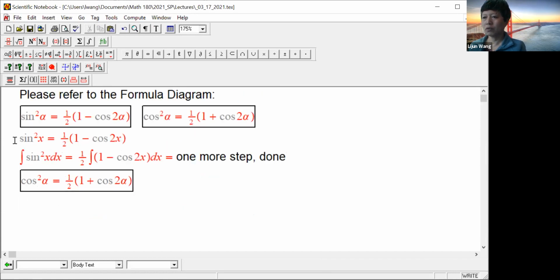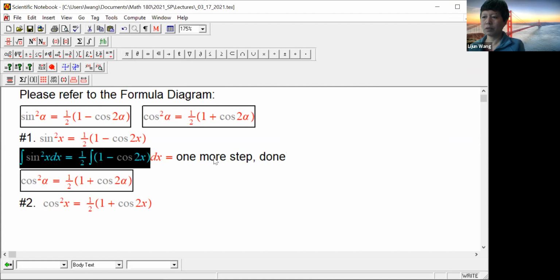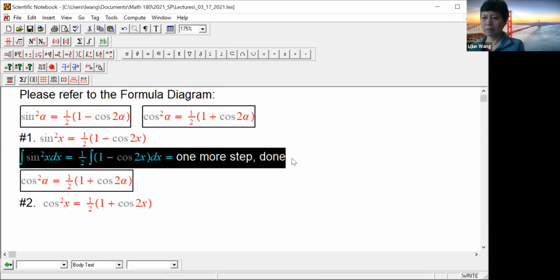So for number 1 on trig 9a, and number 2 on trig 9a, because number 2 is just a warming up exercise, you're going to have a similar scenario, and then you'll be able to integrate, just like that.